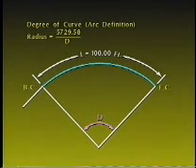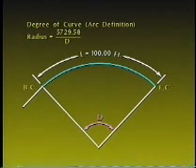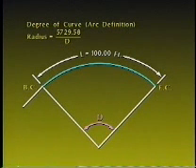Highway surveying practice defines degree of curve by arc definition as shown in this graphic. This is the definition most commonly used. As shown, this definition of degree of curve is the central angle of an arc of curve subtended by an arc 100 feet in length.